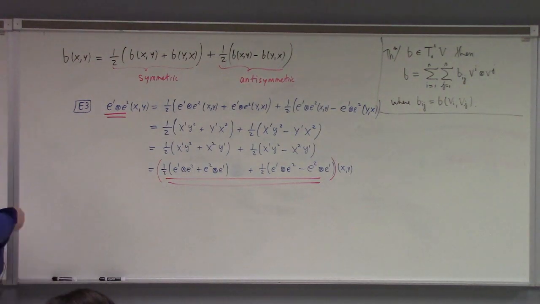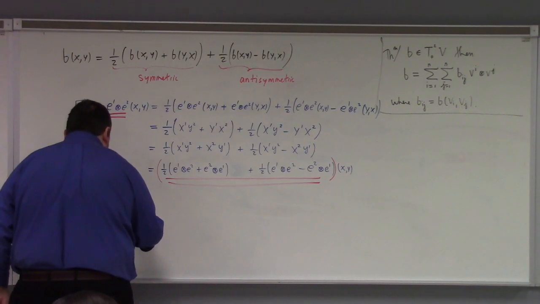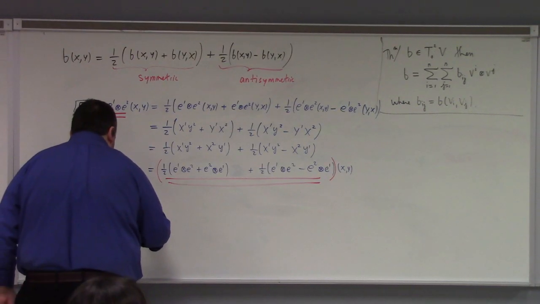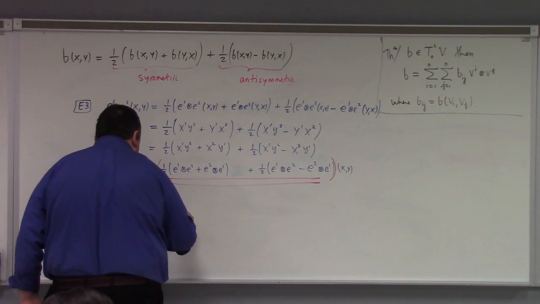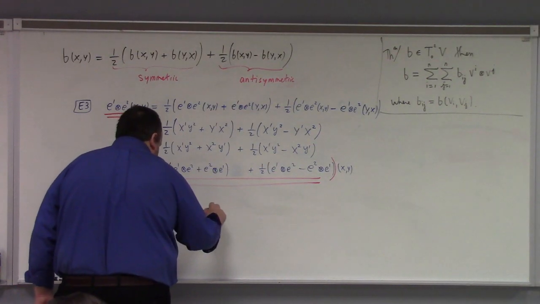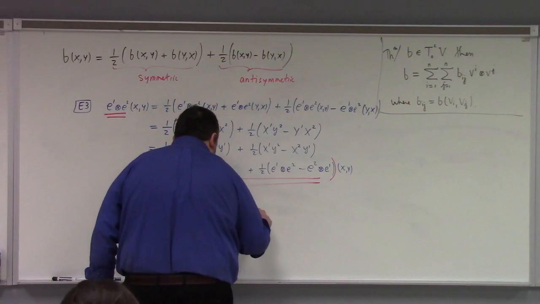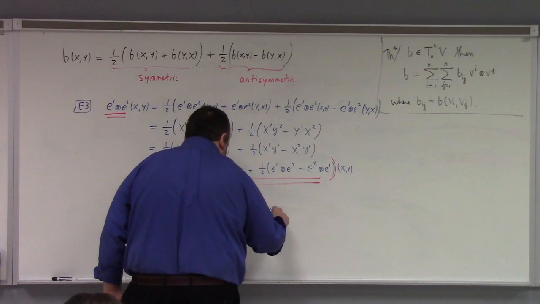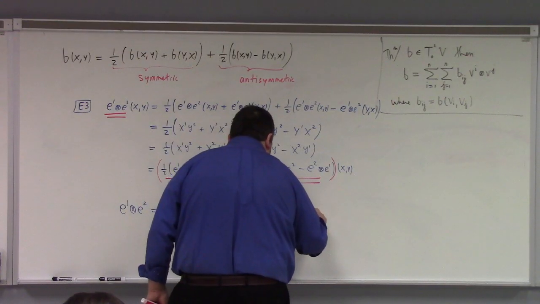And that shows you that, in fact, we can rewrite E1 tensor E2 as equal to 1/2 of E1 tensor E2 plus E2 tensor E1, plus 1/2 of E1 tensor E2 minus E2 tensor E1.